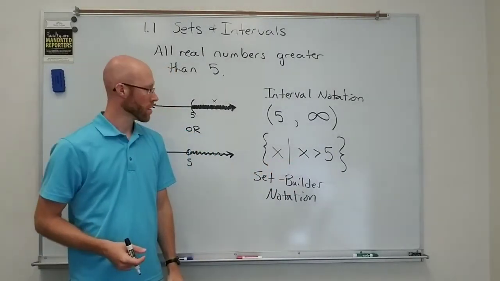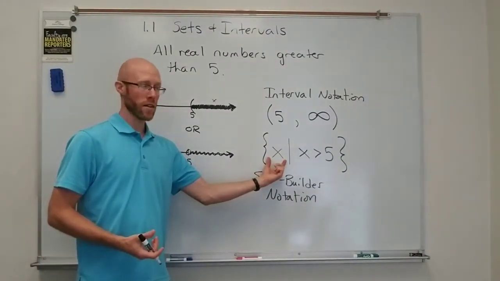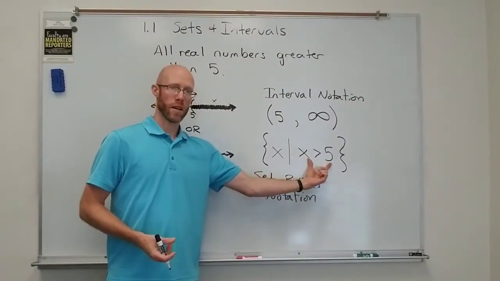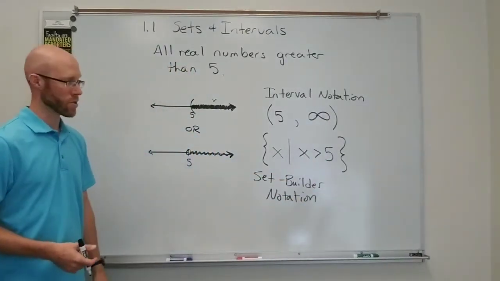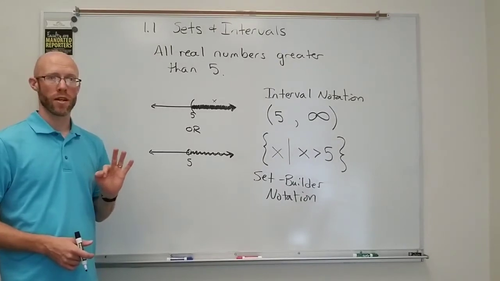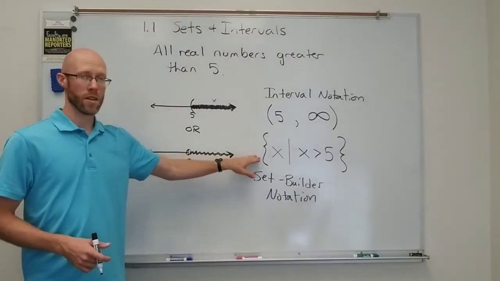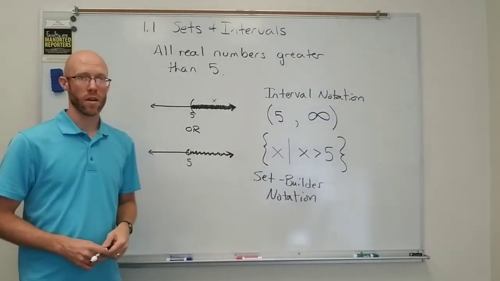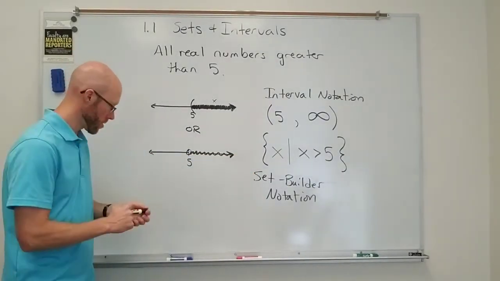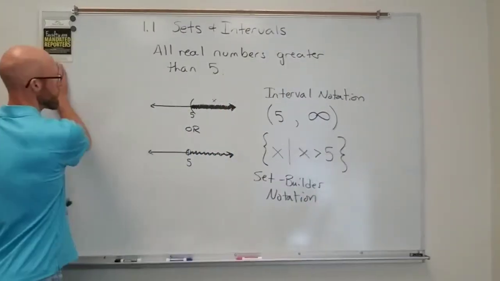So again, there's the elements of the set and the property that they all have. Okay, that's our set builder notation. So we have now 3 different ways to represent a set. We have the number line, the interval notation, and the set builder notation. Okay, do one more example. This one will have endpoints on both sides.